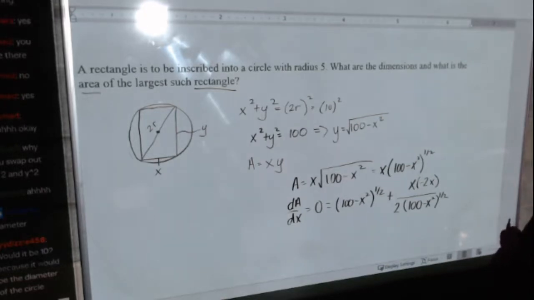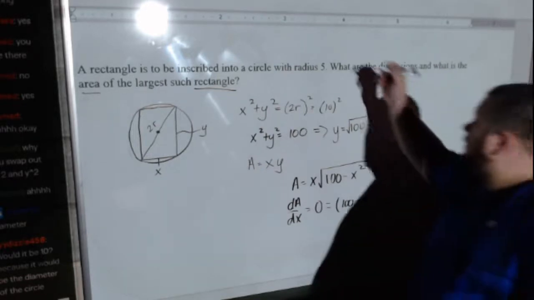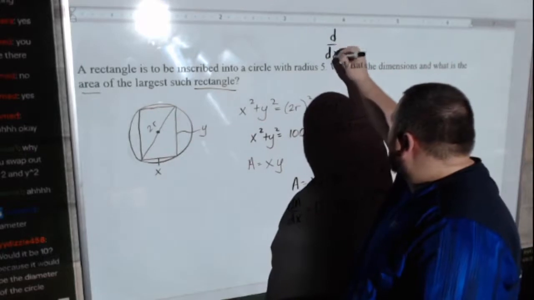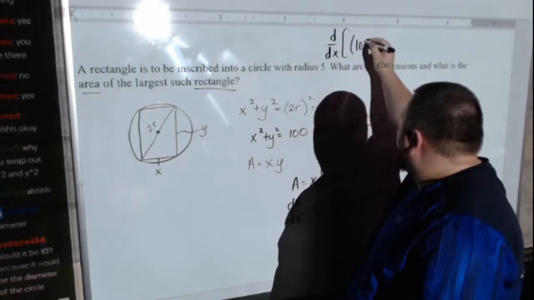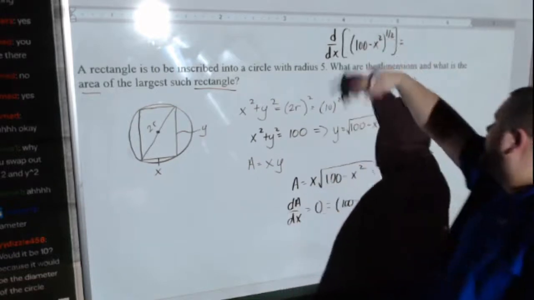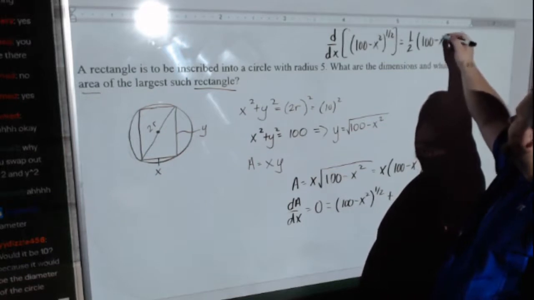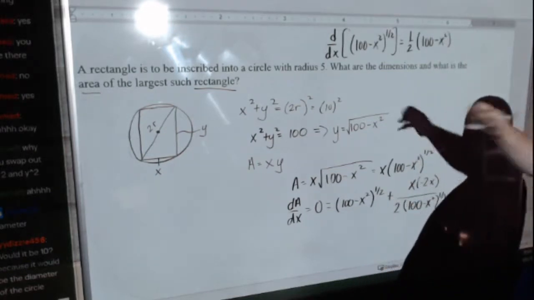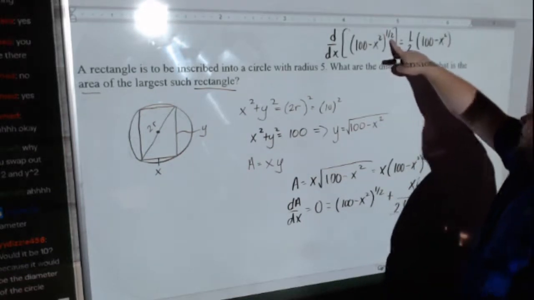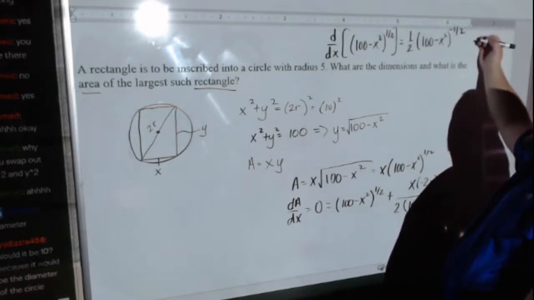So let me go ahead and just redo that derivative quickly. So the derivative of (100 minus x squared) to the 1/2. Bring the 1/2 down in front. Leave the inside alone. The derivative then takes 1/2 minus 1, which is minus 1/2.